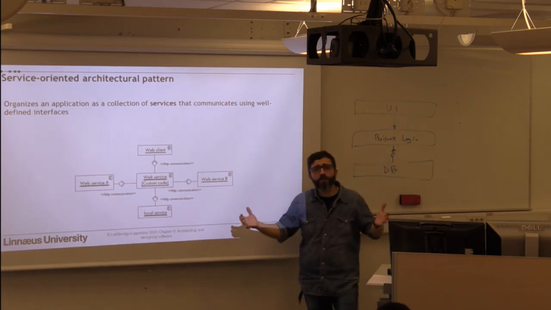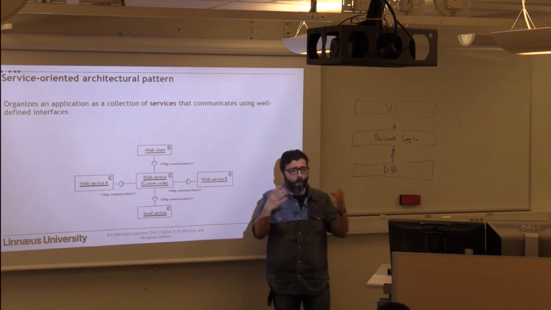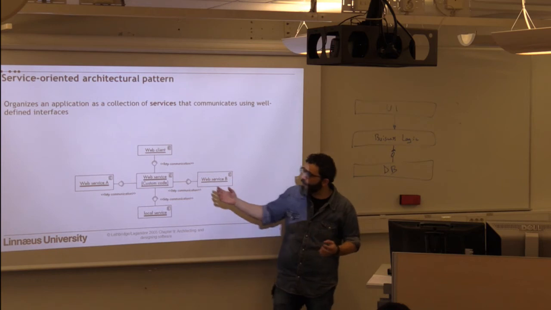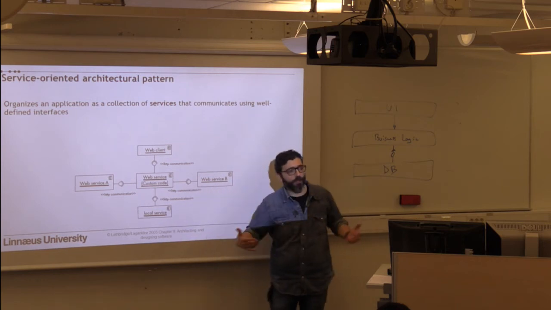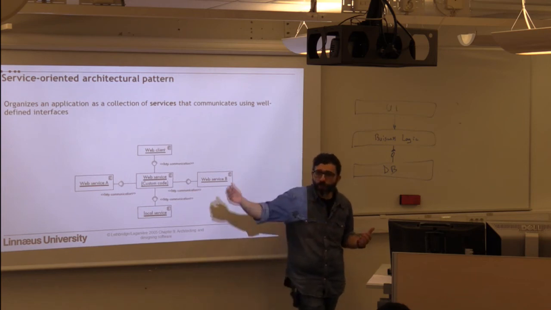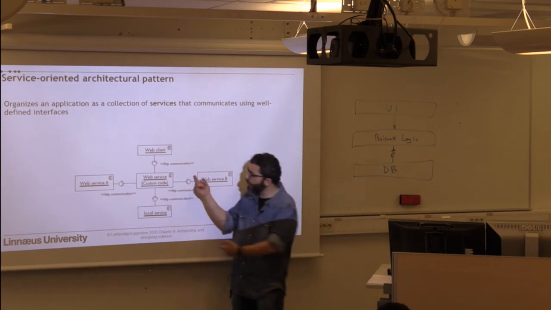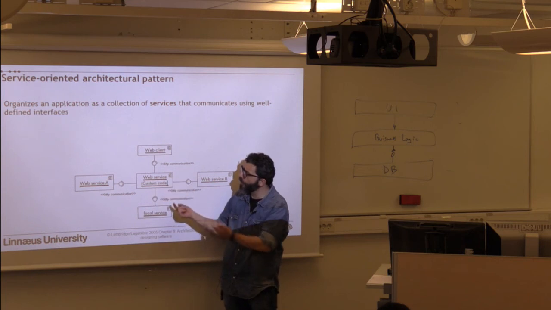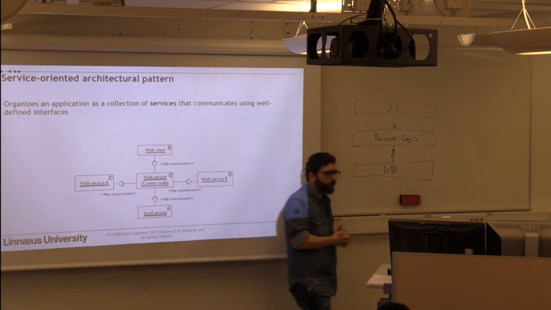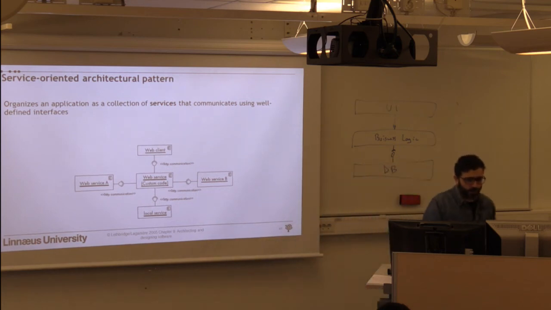So in the client-server architecture, you always have one server and many different clients. Here, the idea is that we want to enlarge the set of servers that are available, and then they can be composed in this way, creating much more complex architectures.